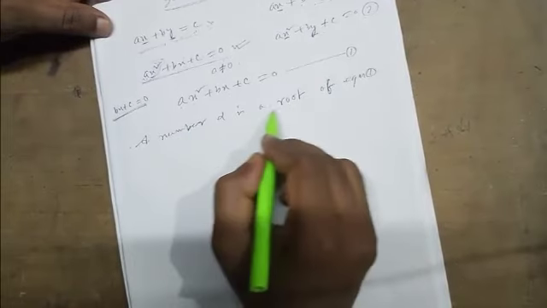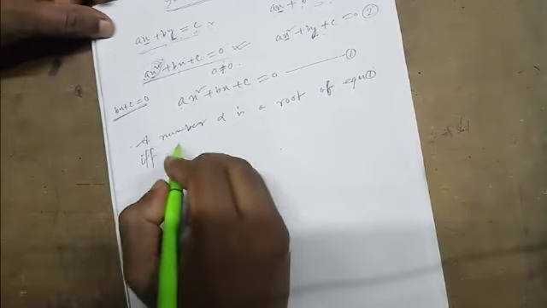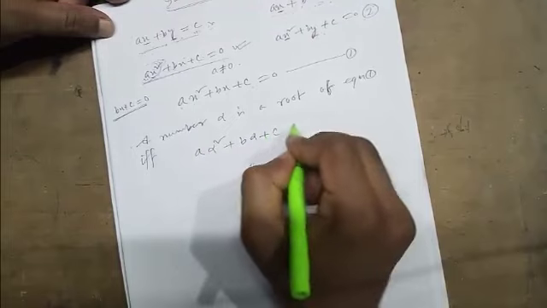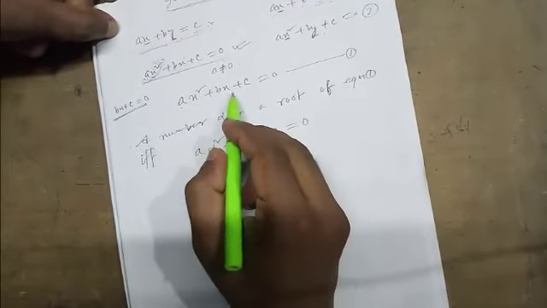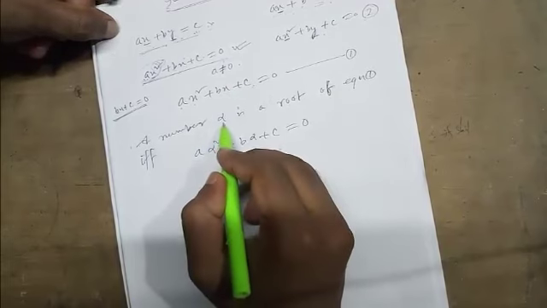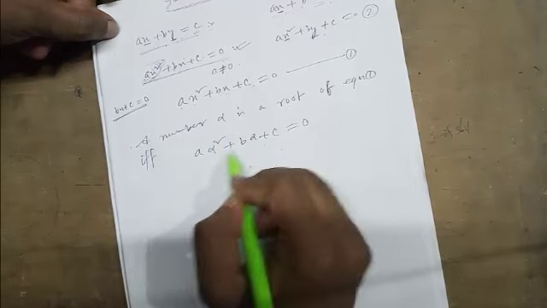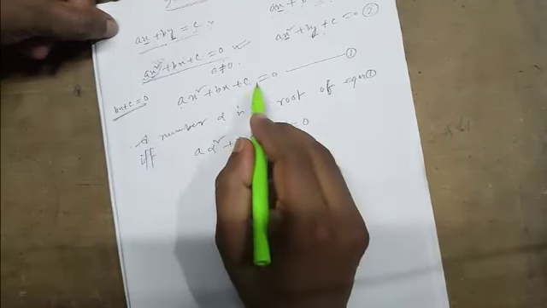A number alpha is a root of equation 1 if and only if a alpha square plus b alpha plus c equal to 0. That means if alpha is a root of equation 1, then alpha satisfies the equation. Also, if alpha satisfies this equation, then alpha is a root of equation 1.